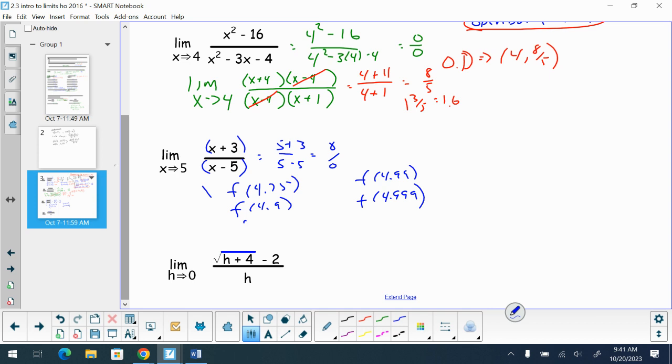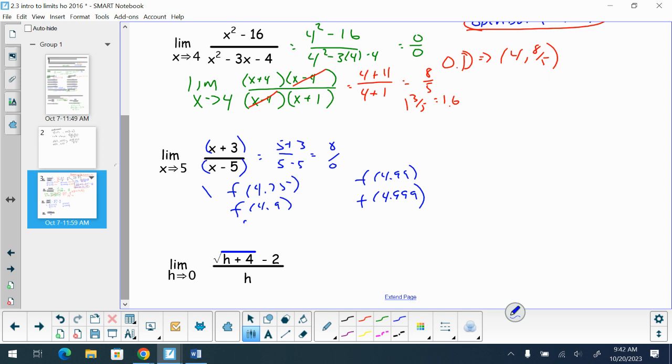What's happening to our y value? Gets smaller. Goes towards negative infinity.